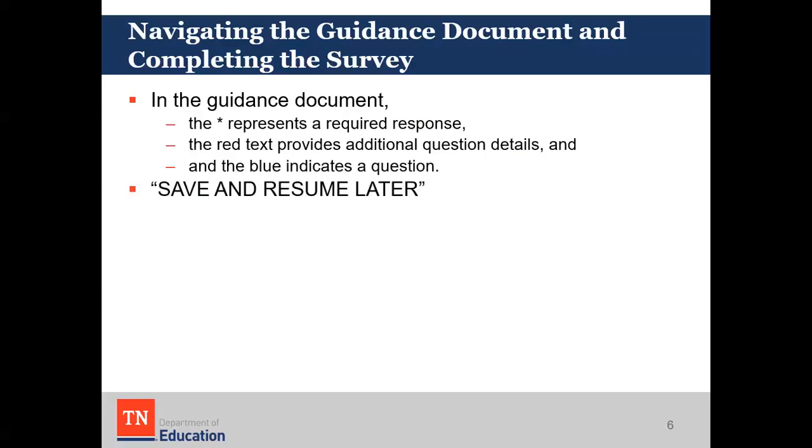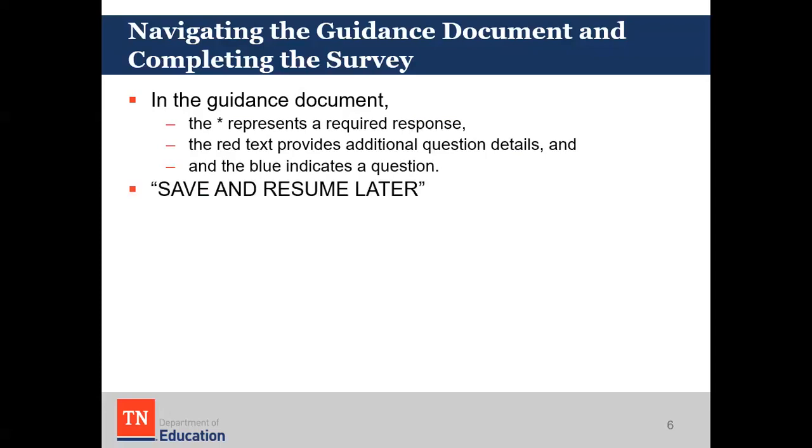You will be able to save and resume completing the survey as you need. If you save and resume and click that button on the survey, you will get a link that you will be able to use to re-access the survey at the point of completion where you've left off.